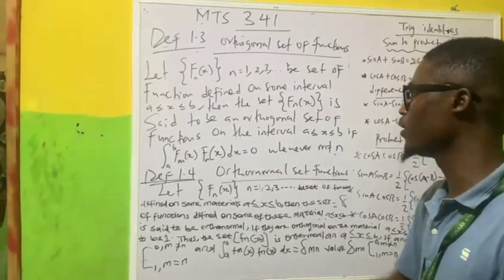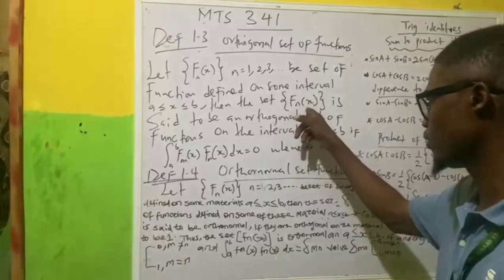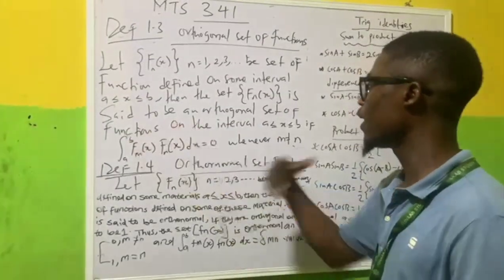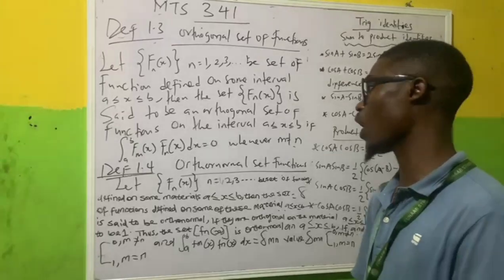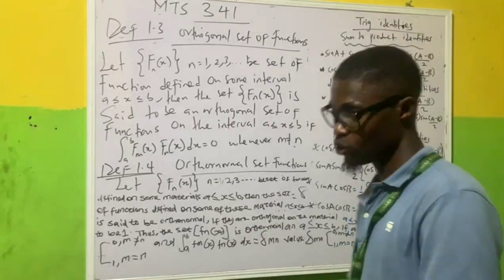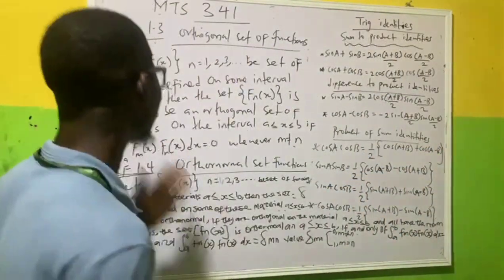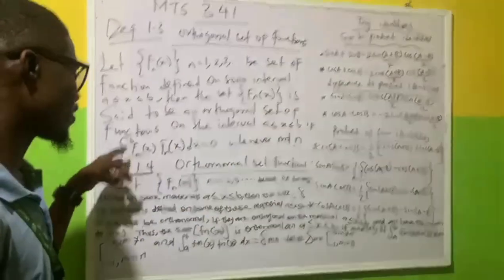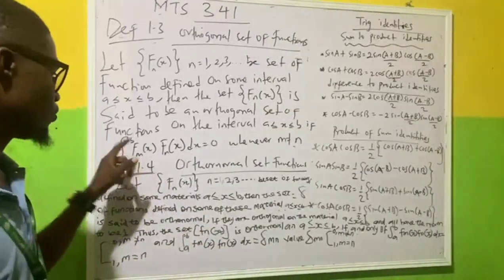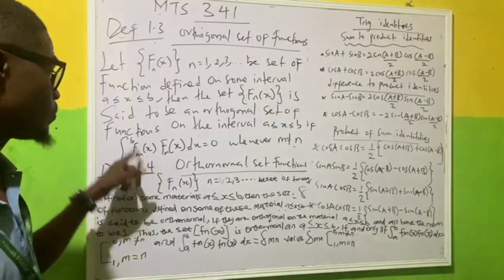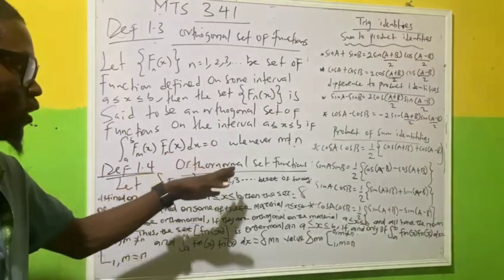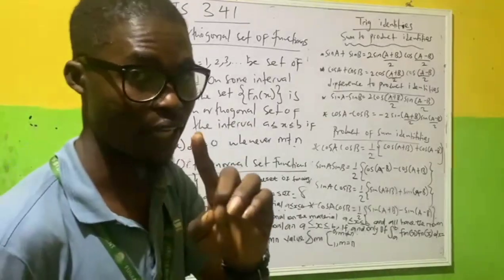Then the set f_n of x is said to be an orthogonal set of functions on the interval a to b. This defines an orthogonal set of functions. It is the integral of a to b of f subscript m of x times f subscript n of x dx equals 0 whenever m is not equal to n.